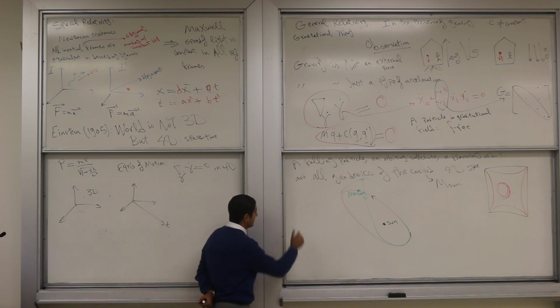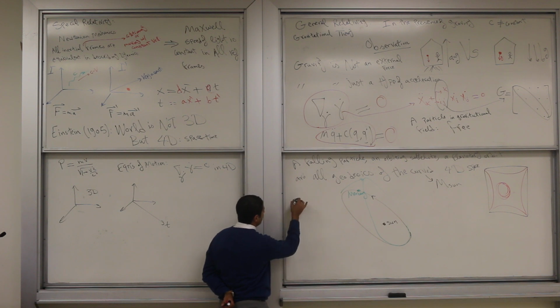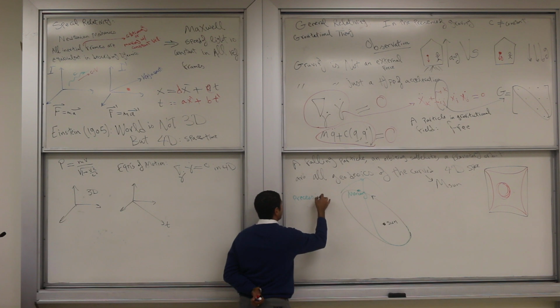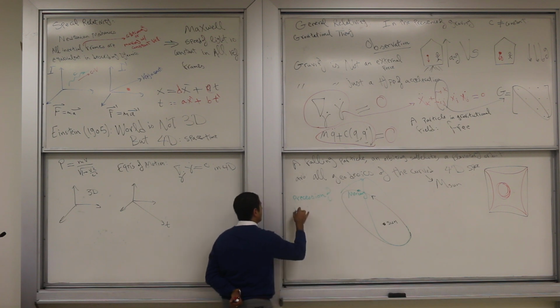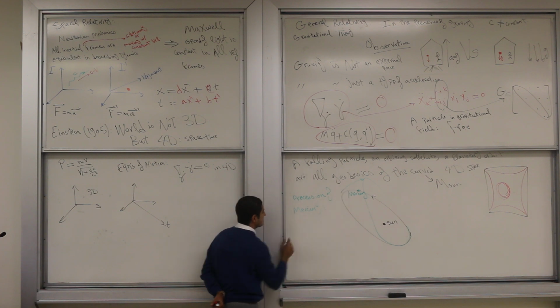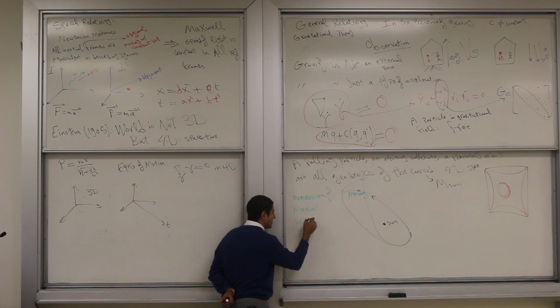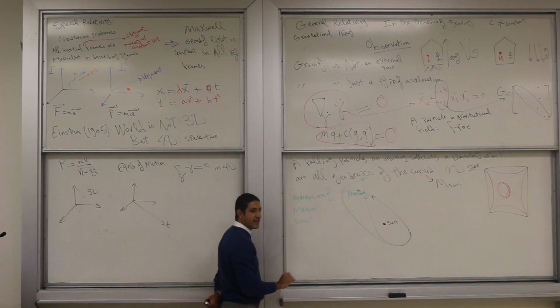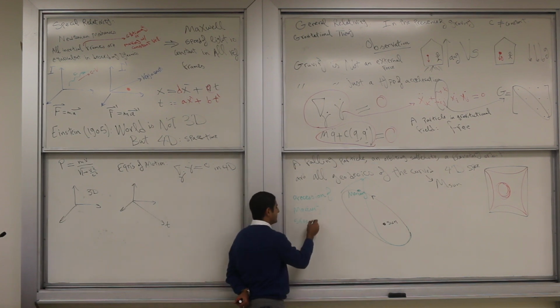Now, the precession of Mercury, you Google precession of Mercury, you'll find this, is about 566 seconds. We're talking about very slight precession, seconds as a unit of angle, per century.